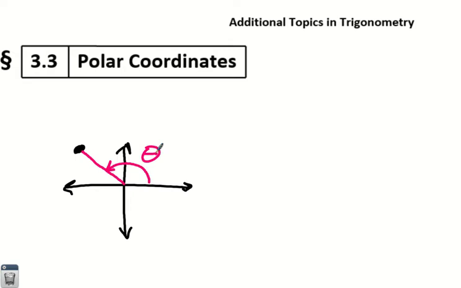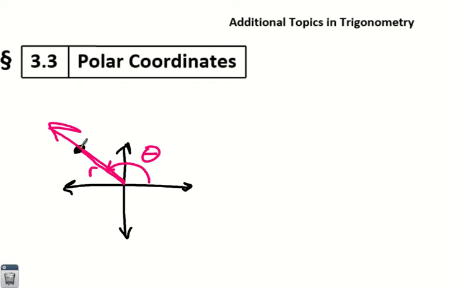If I told you the angle for this, how many degrees from here to here, and then what is the radius from the origin to that point?